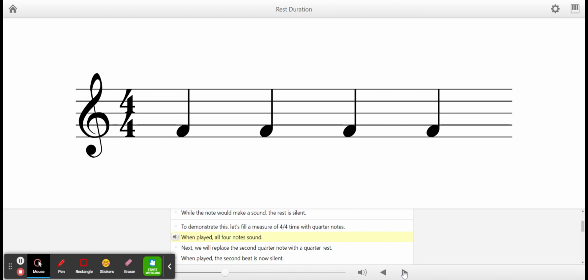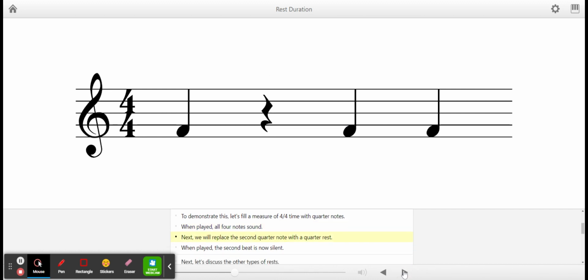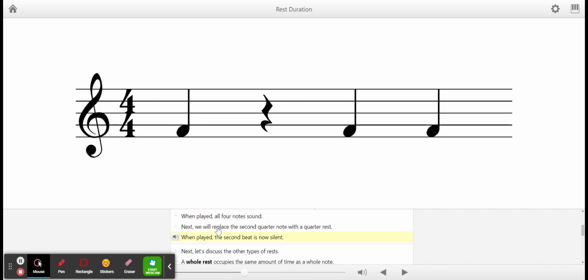All right, so let's jump to the next example. We replaced the second note with a quarter rest. So now that beat is silent. Take a listen. So let's try that one more time. 1, rest, 3, 4. The rest is on beat 2.